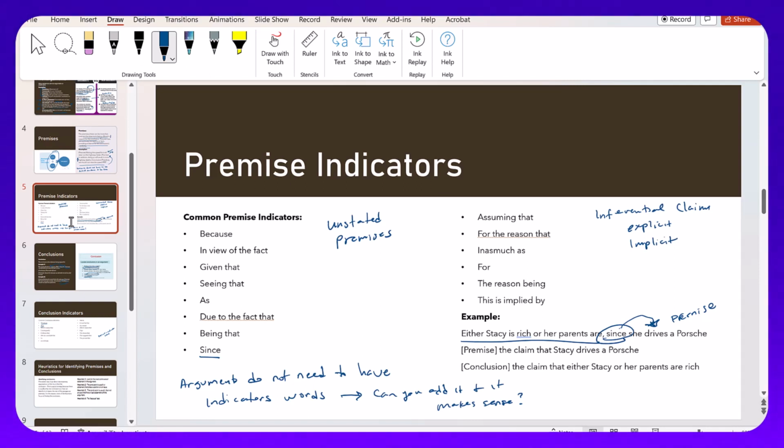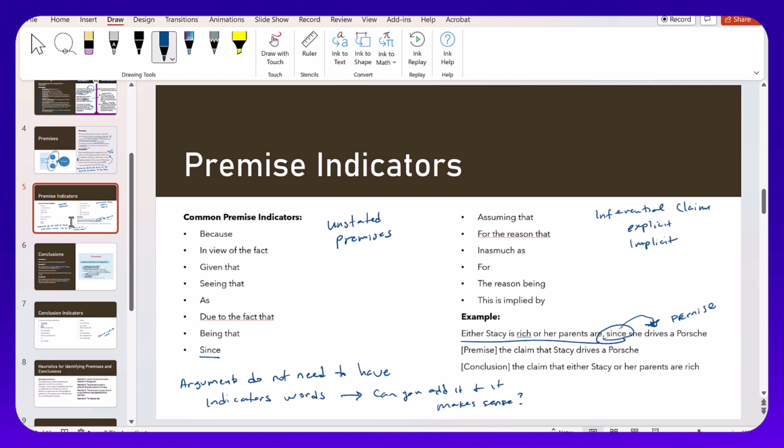That would be the unstated premise: Bill doesn't have an ID, because otherwise he'd be able to check out books. Again, these are often found in the real world because it seems too obvious to have to add that extra sentence.